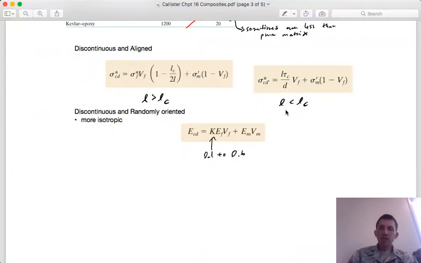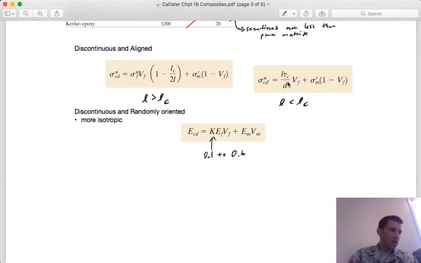If you look at this case where the length of the fiber is less than the critical length, you see a similar contribution from the matrix. And here, there's no enhancement. The shear or the fracture strength of the fiber is not even in this equation at all.